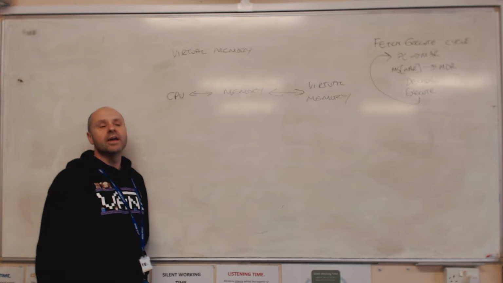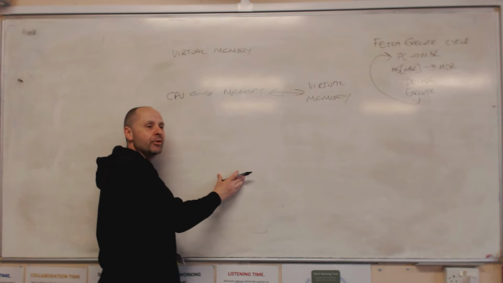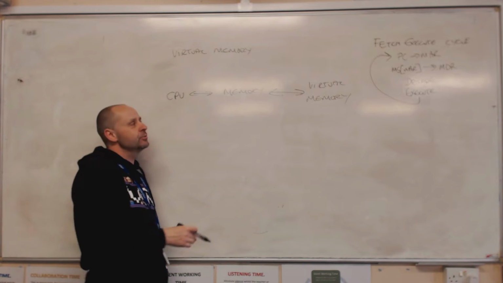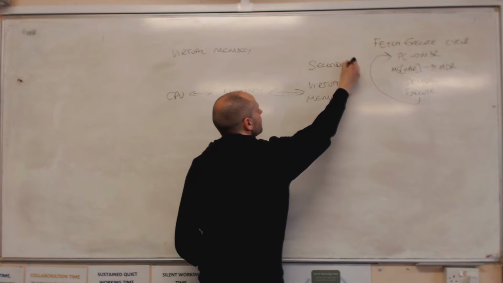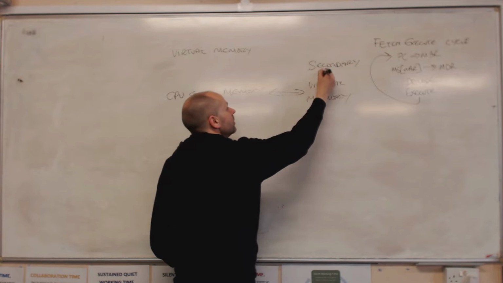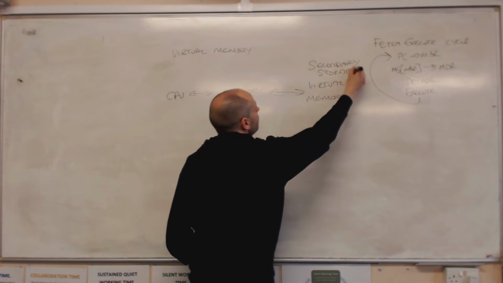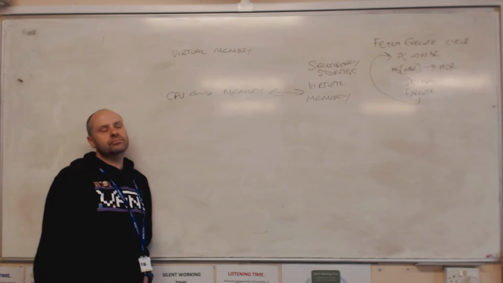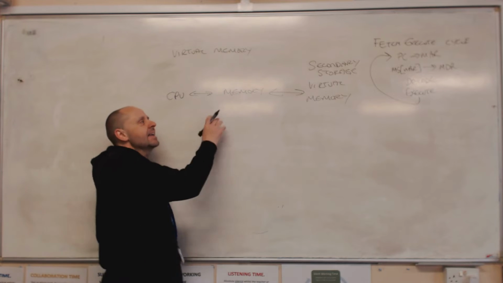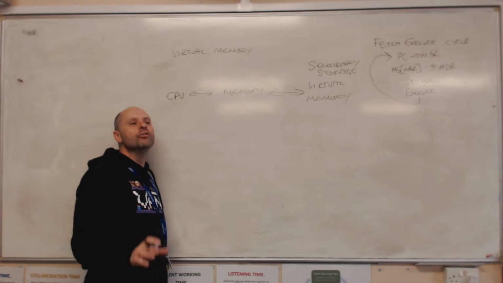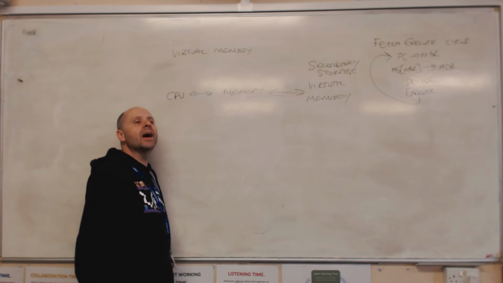Right, so if we run out of main memory, what we can do is we can make use of secondary storage, so like a hard drive, in order to expand our main memory. Unfortunately, the CPU can't access this.